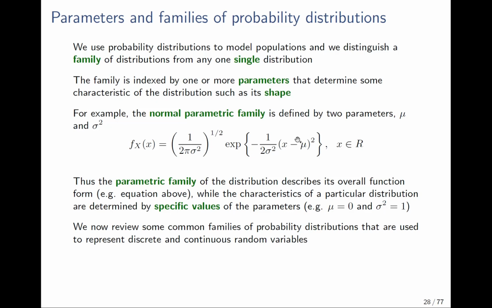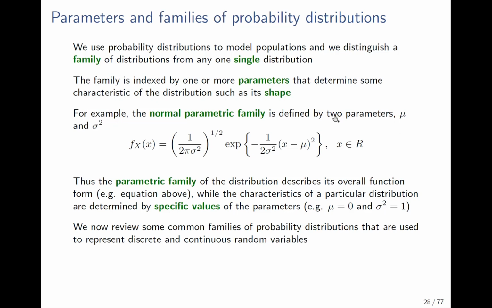And a family of distributions is appropriate to a specific type of process or experiment, a coin toss, waiting times, that kind of thing. So for example, a distribution we'll talk about quite a lot, and it's one of the most well known, is the normal or Gaussian parametric family. And this parametric family is defined by two parameters, mu and sigma squared, mu being the mean or expectation and sigma squared being the variance.